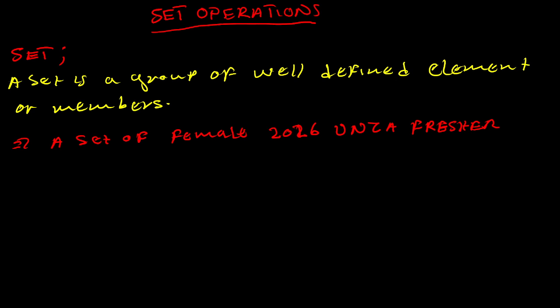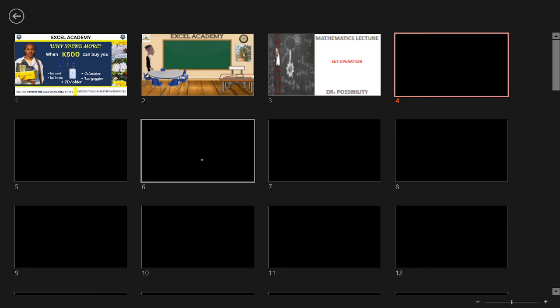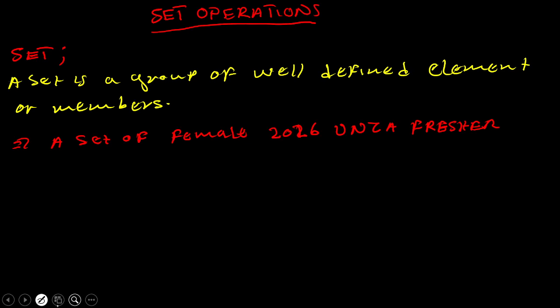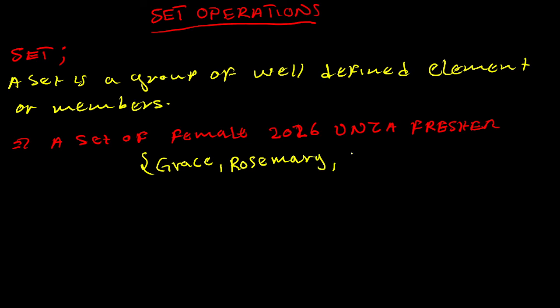If I was to pick five of you randomly, I can start with Grace, who just responded. Yesterday I heard a name like Rosemary. In Excel we have someone like Crystal.